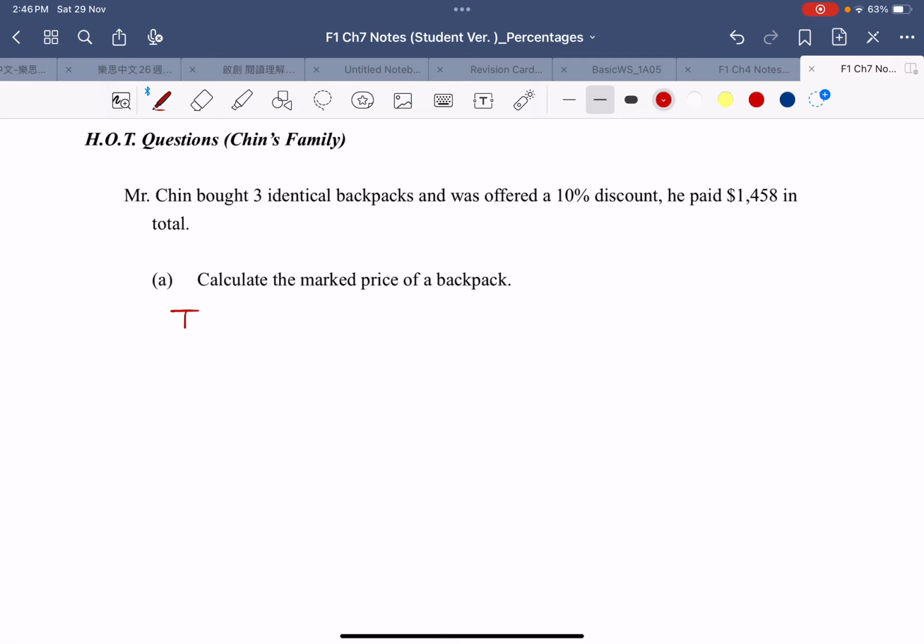Okay, how to do? The selling price first equals 1458 divided by 3, which is 486 dollars.